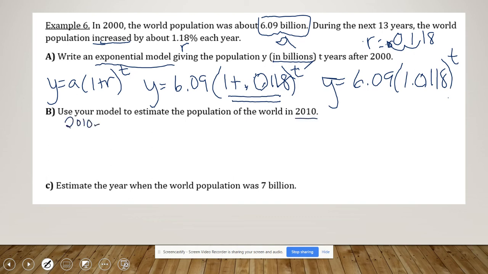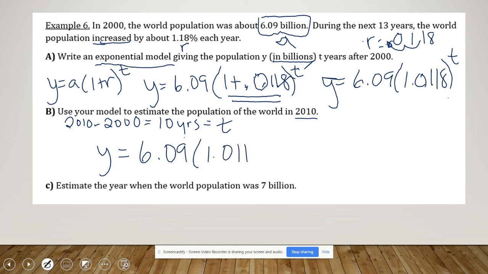So 2010, and remember this model came from the year 2000, means 10 years, which is going to be our t. So y is equal to 6.09 times 1.0118 to the 10th power. Plug that in our calculators, and we have about 6.85. And remember, we write billion after that because we said our equation would give us billions.